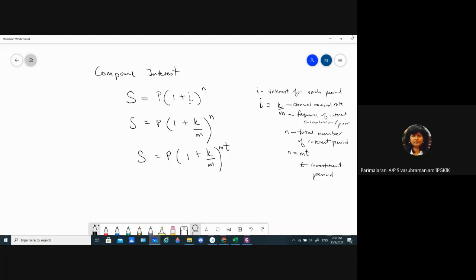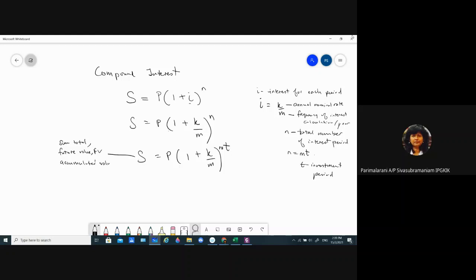This S here is known as the sum total, or the future value, or the accumulated total, accumulated sum, accumulated value.